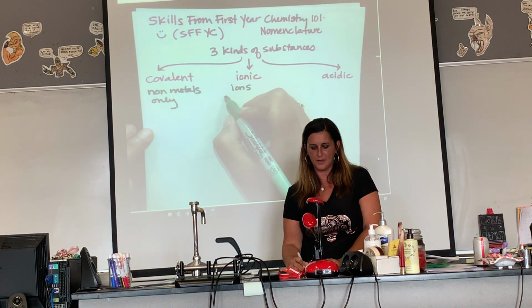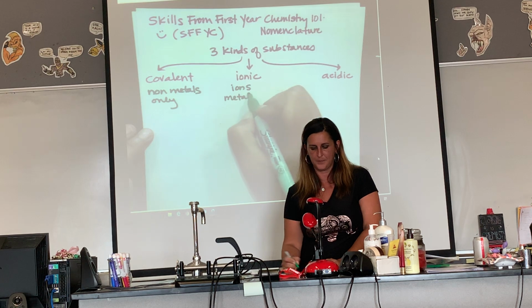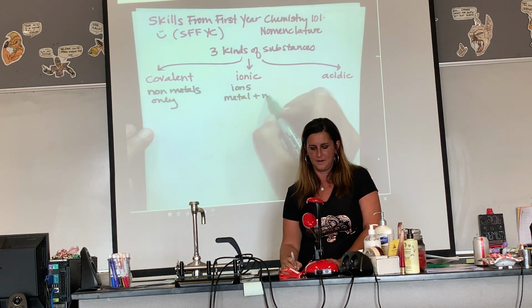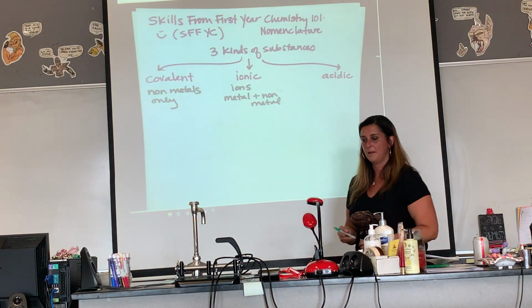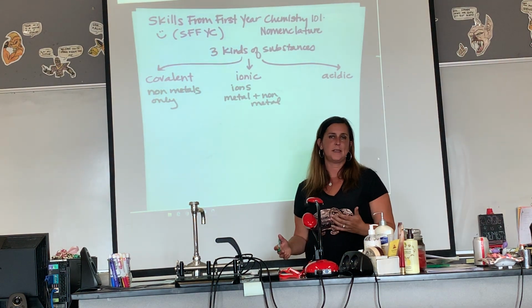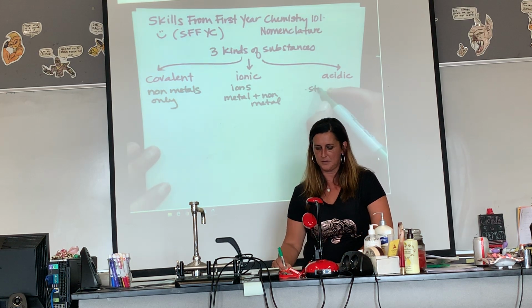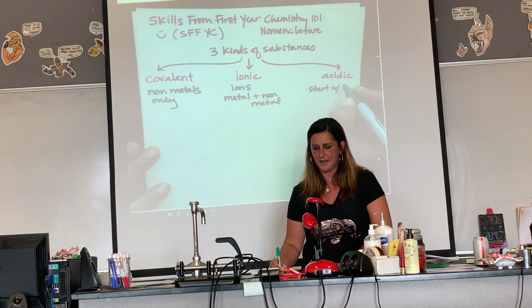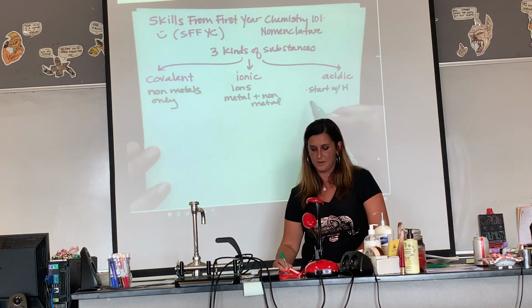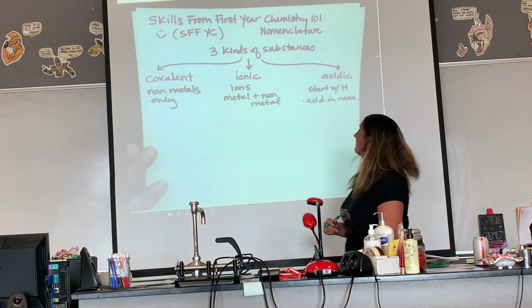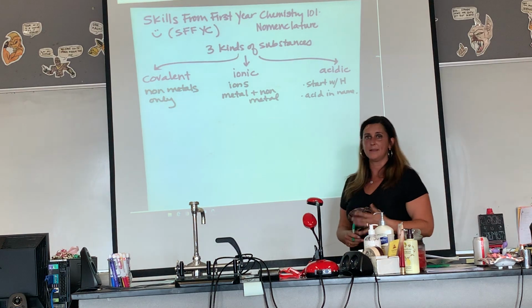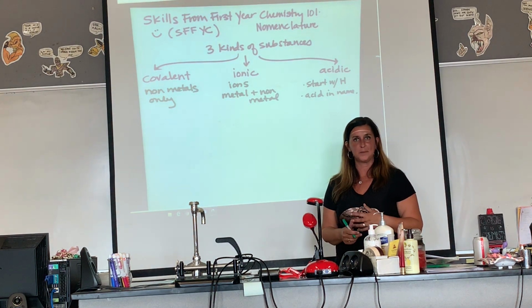These are generally a metal plus a nonmetal. And then acidic substances, the easiest way to recognize them is that these will start with a hydrogen in their formula, or they'll have acid in their name. Okay, so we have covalent, ionic, and acidic substances.